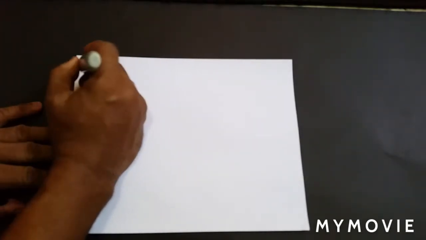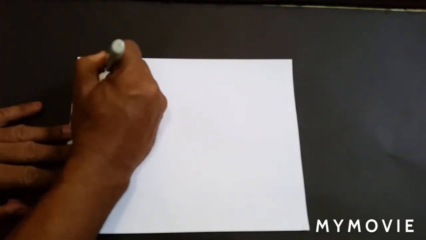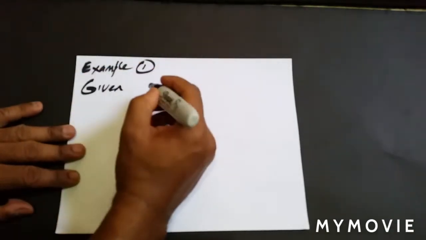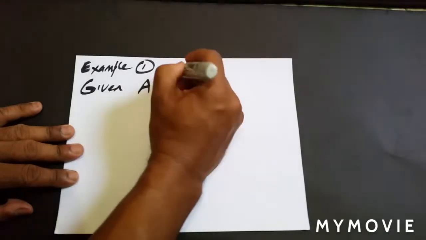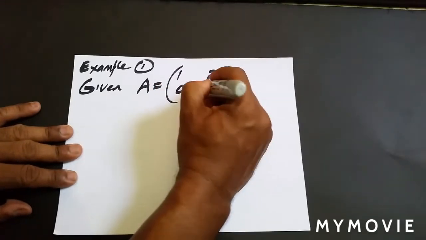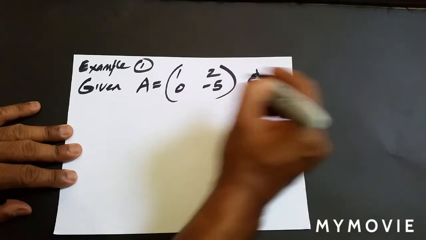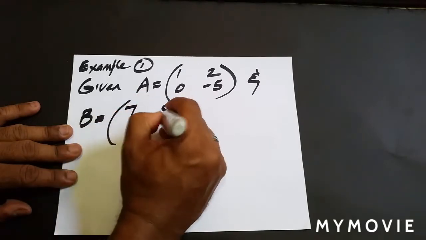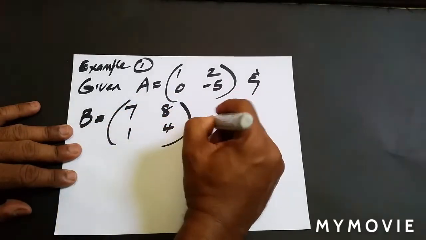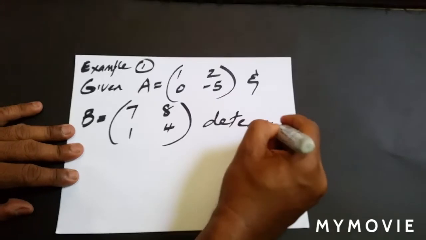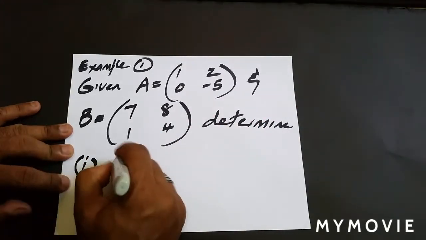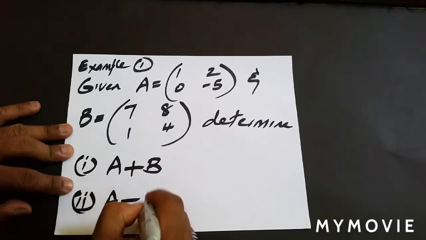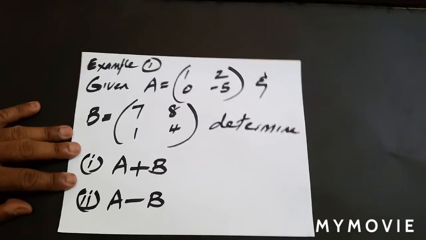So for example, given A and B, determine 1, A plus B, and 2, A minus B. So let's look at this question here.